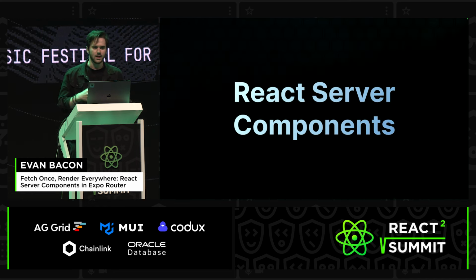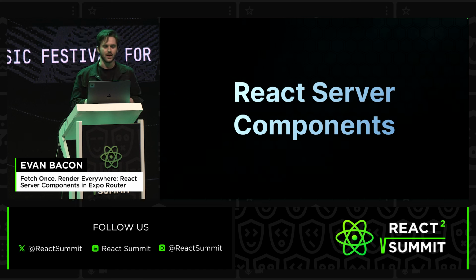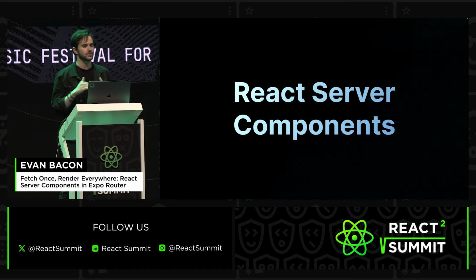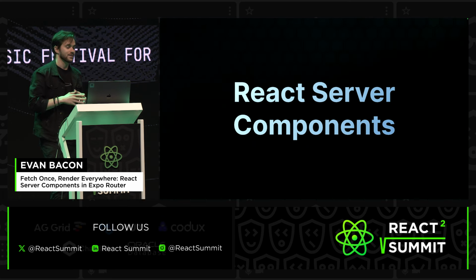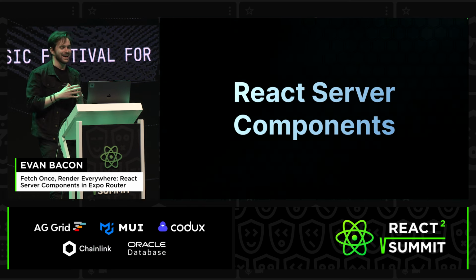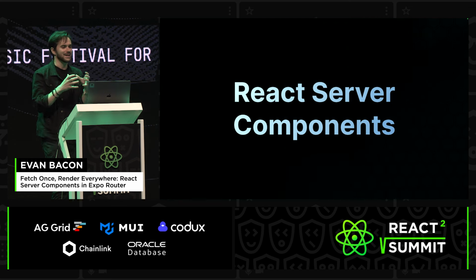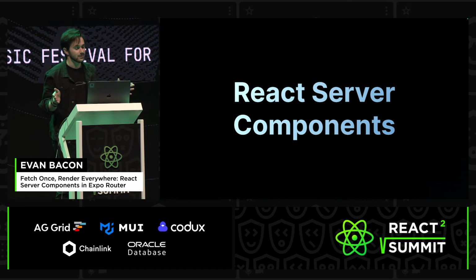Now, to do this, we're bringing React server components, the most cutting-edge approach to server rendering, to all platforms, iOS, Android, web, and anything else, through Expo Router. And this is a huge undertaking because it will require refinement in many different libraries across the universal ecosystem.